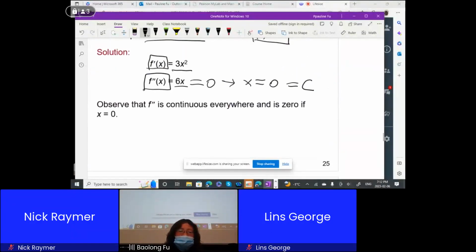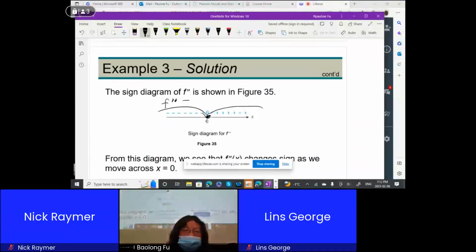The second derivative is 6x. When x is smaller than 0, it is negative. And when x is greater than 0, the second derivative is positive.